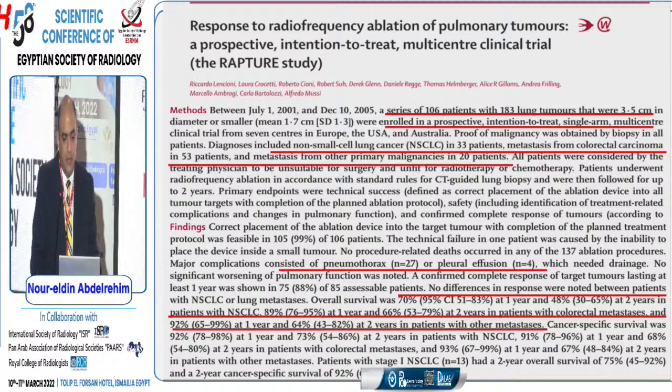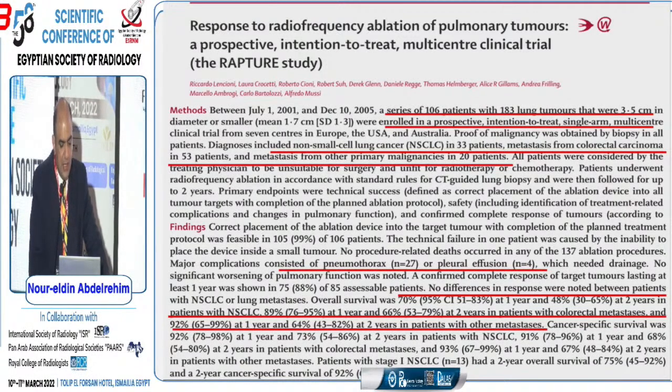Response of radiofrequency ablation of pulmonary tumors in a prospective study from an Italian group showed that there is no difference in the effect regarding the histopathology, and the size of the lesion is one of the most important parameters for expecting the outcome.